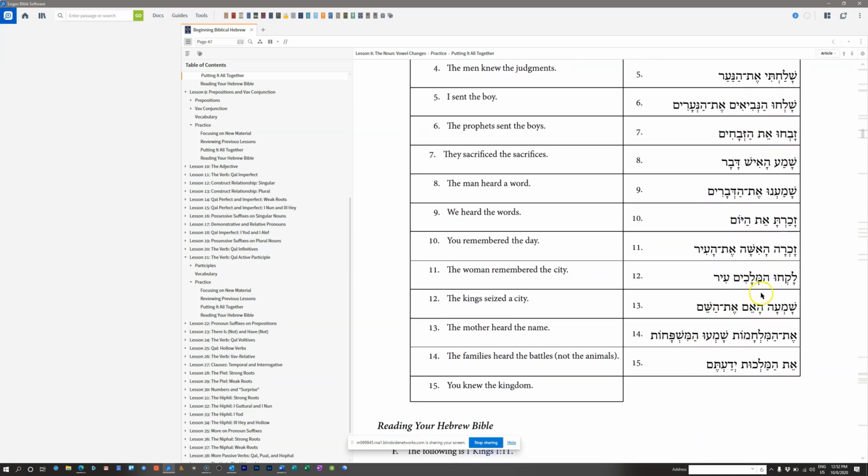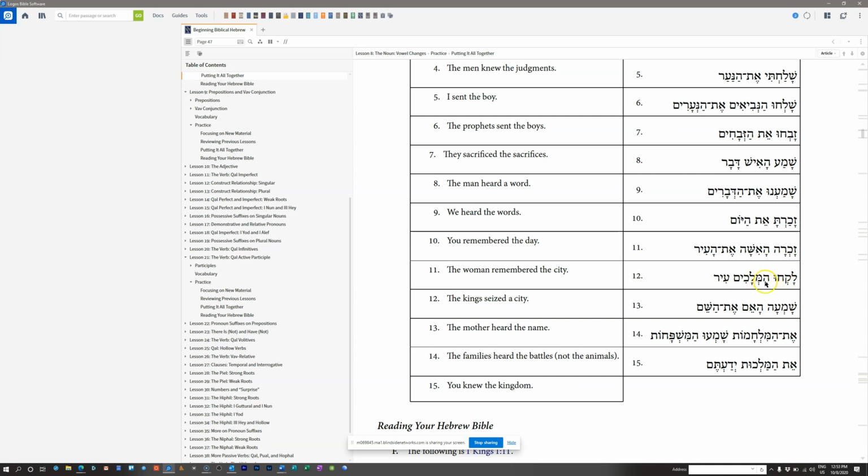All right. Then number 12 here we have Lakchu. This one's hard to pronounce. Lakchu is going to be the 3CP form of Lakach. Lakchu, they took.